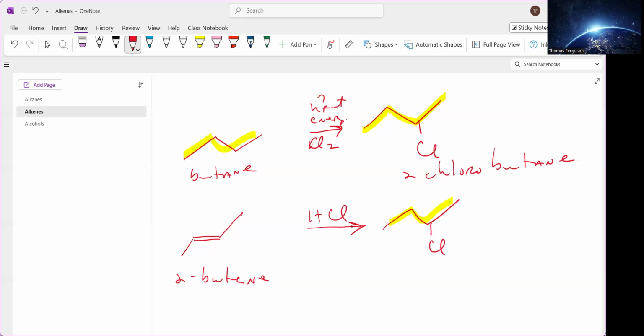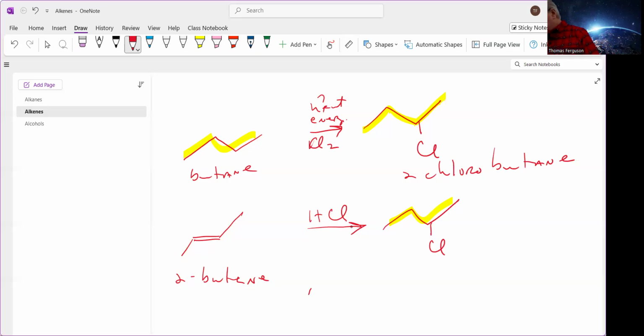What type of reaction would the second one be? Addition. There's no specific name for the HCl. Well, it's an addition reaction with HCl. So our question was, what's the name of the reaction?